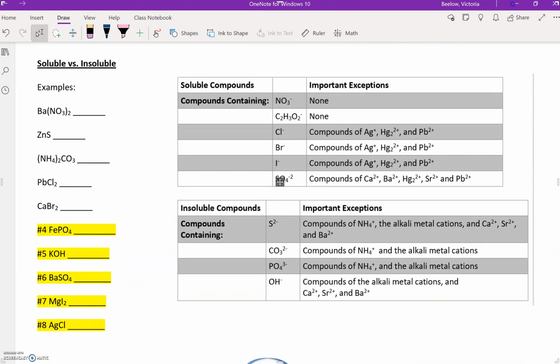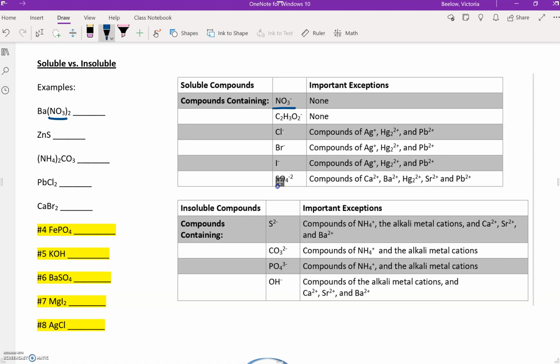Next, I want to review soluble versus insoluble. So again, you have to use the chart here, and this is going to be coming up a lot in this unit. What you're going to do is look on the chart here and find which of these is in your compound. So as I'm looking at this chart, I can see I have NO3 here, and I have NO3 here.